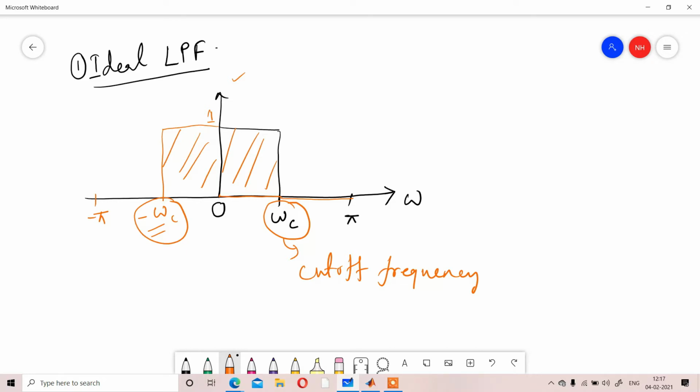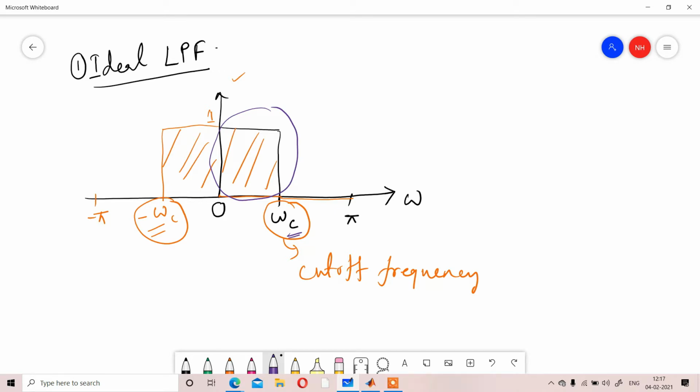So generally whenever we design a filter, keep in mind that we design a filter only for the positive part. We do not consider the negative part, because if we can design the positive part, consider magnitude 1, and that frequency you are considering, simply consider the negative or the opposite of that frequency, you will get the negative part. So you don't need to design the negative part separately.